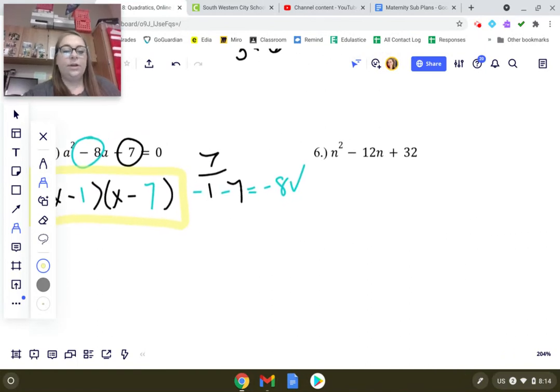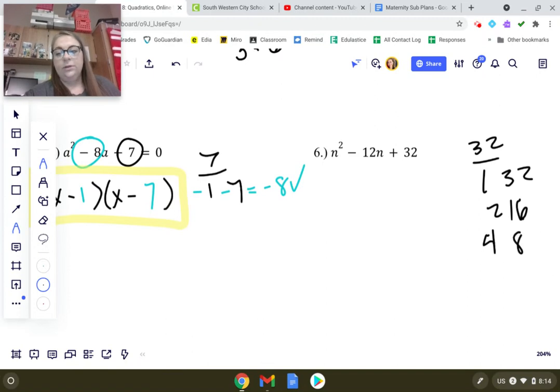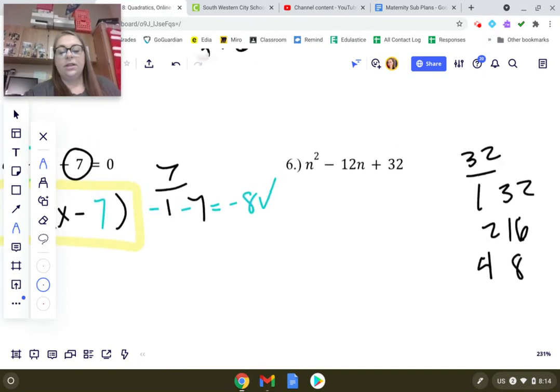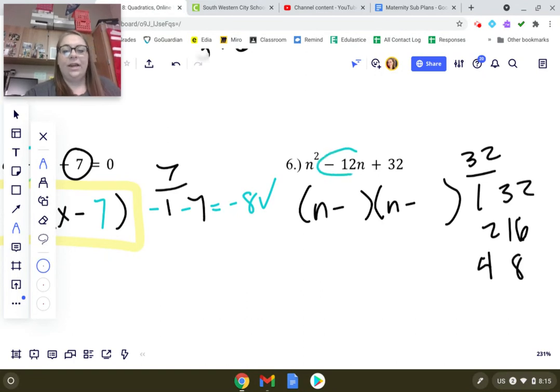All right, and last one here, number 6. Factors of 32: 1 and 32, 2 and 16, and 4 and 8. This one has a minus then a plus, so both of them are negative again: x minus something and minus something. This time we want negative 12.